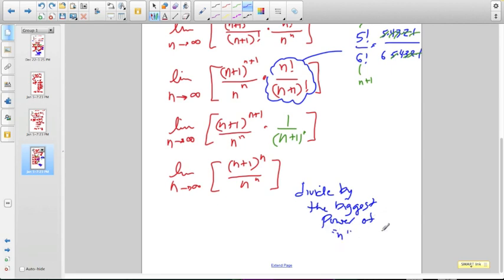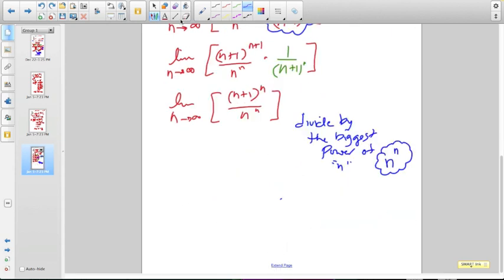In other words, I'm going to have to divide by n to the n power. That's the biggest power of n. So it's just algebra, nothing more than that. So I'm going to go ahead and do that. Limit as n goes to infinity.